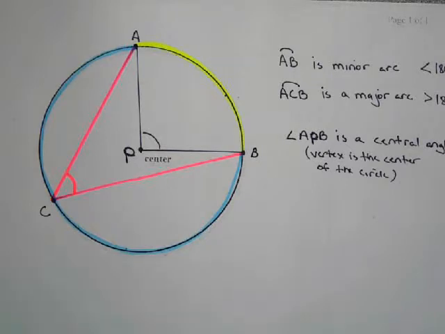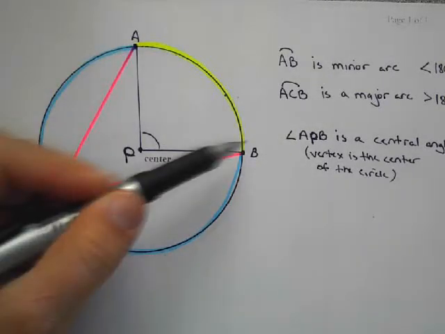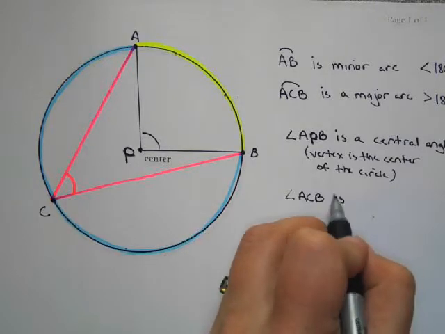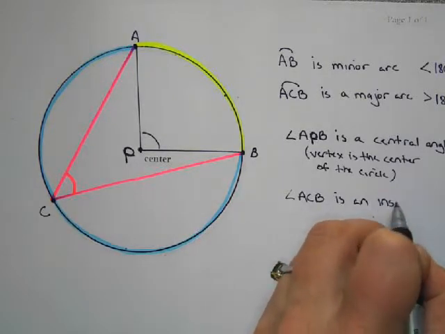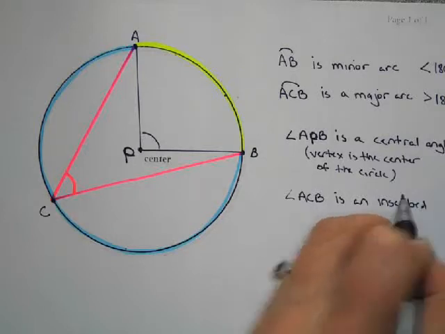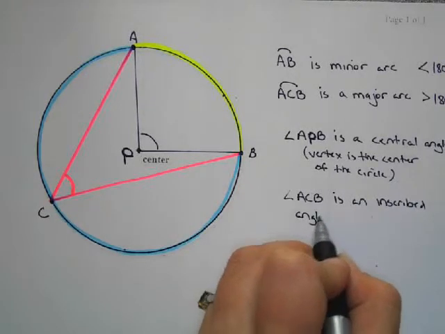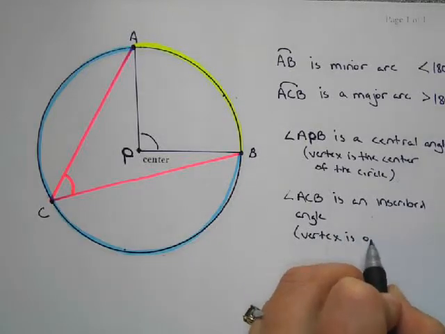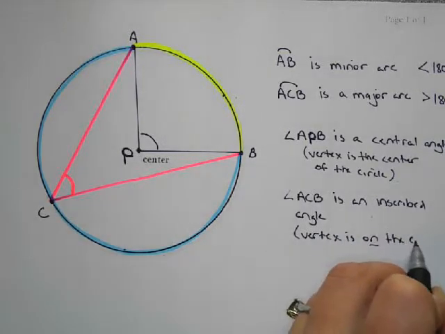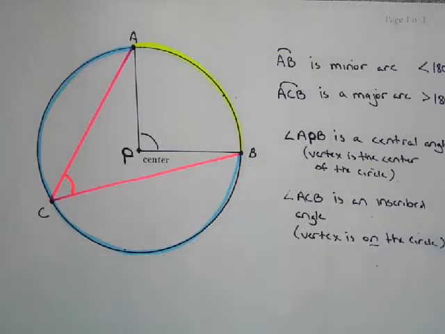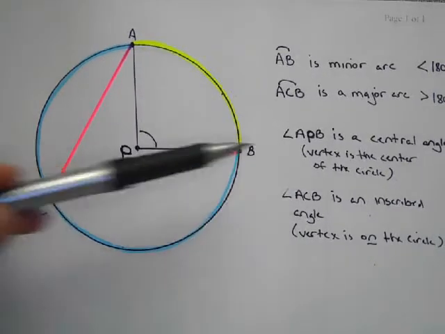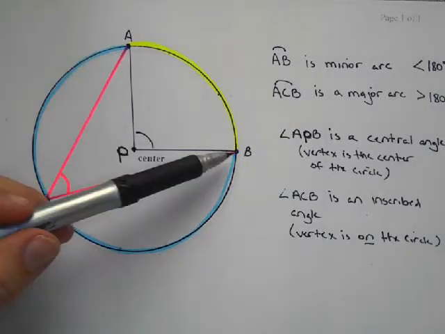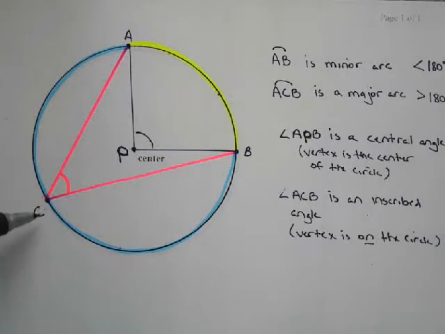So angle ACB is an inscribed angle. The vertex is on the circle. So a central angle, the vertex is at the center of the circle, and we go out to 2 points on the circle. An inscribed angle, the point is on the circle.